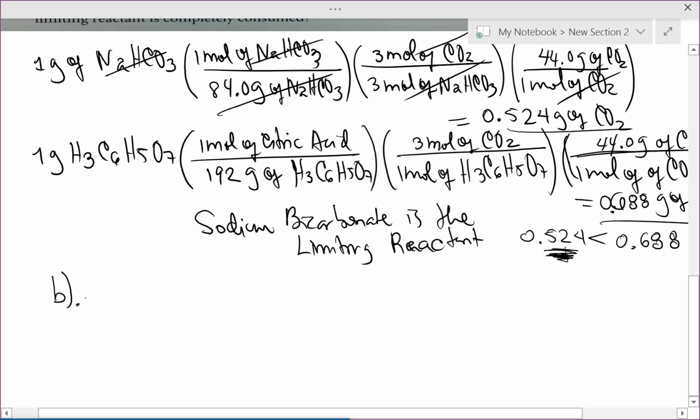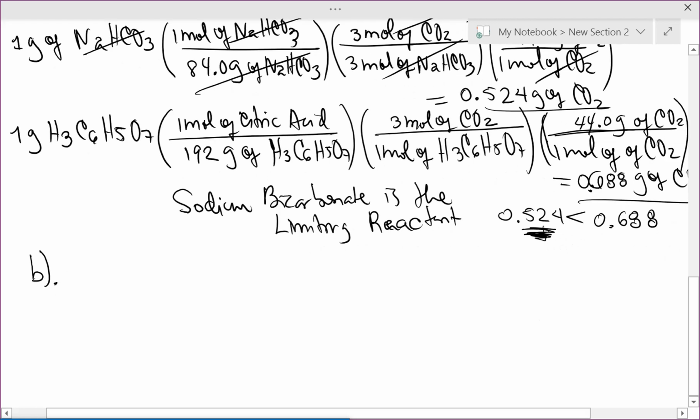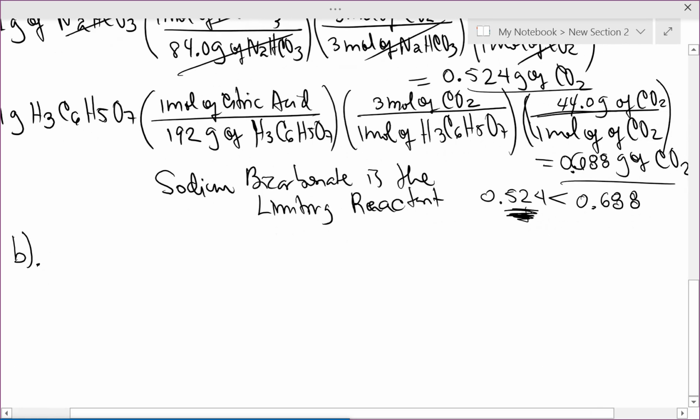Part B is the same as before. Since this reaction is carried out by the limiting reactant, the answer for part B is the same as we got in the first case: 0.524 grams of CO2.